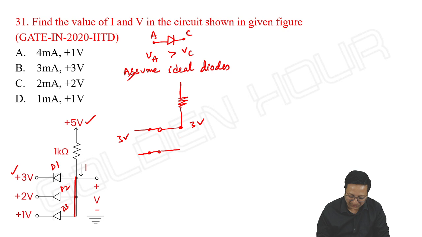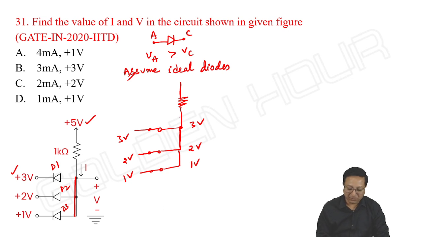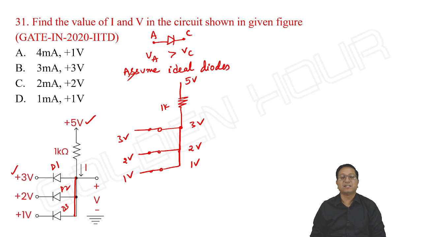Similarly, if D2 is on, it is a short circuit, so voltage here will be 2 volts. Again, if D3 is on, it is a short circuit and 1 volt. Is it possible to see 3 volts, 1 volt, 2 volts simultaneously at the same node? Impossible, absolutely wrong. My assumption is wrong then. I can't take all three diodes in conduction.